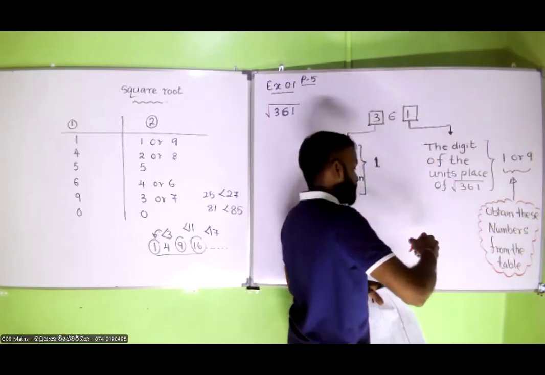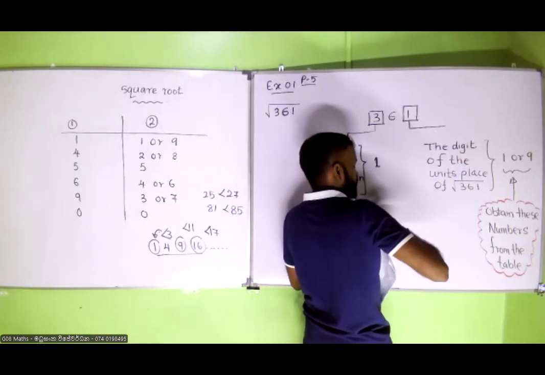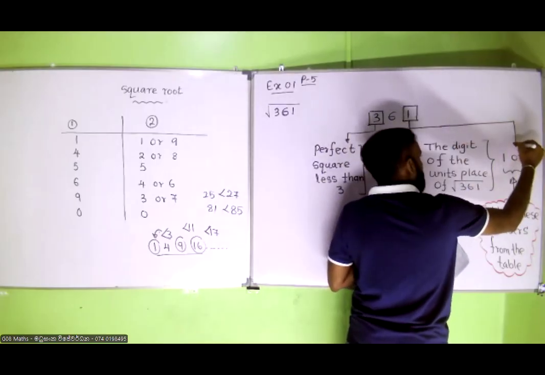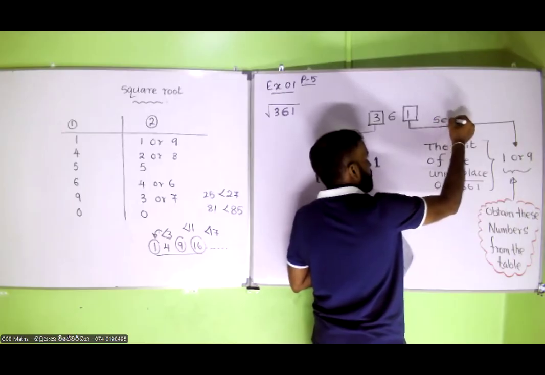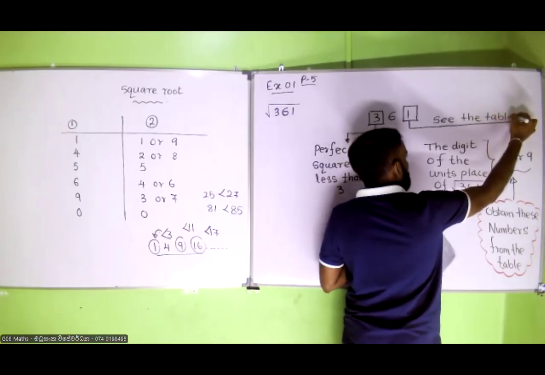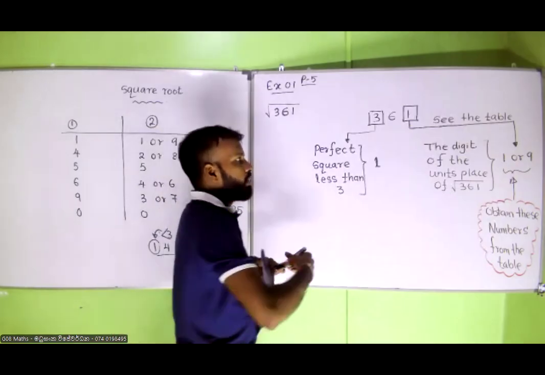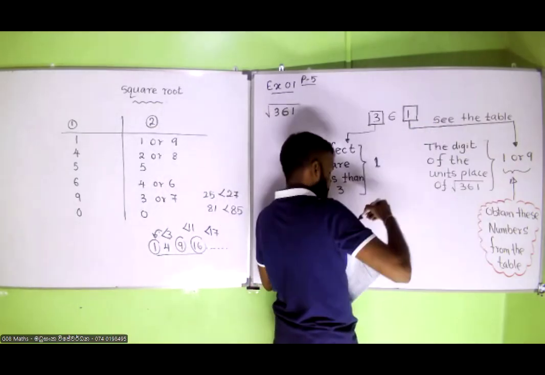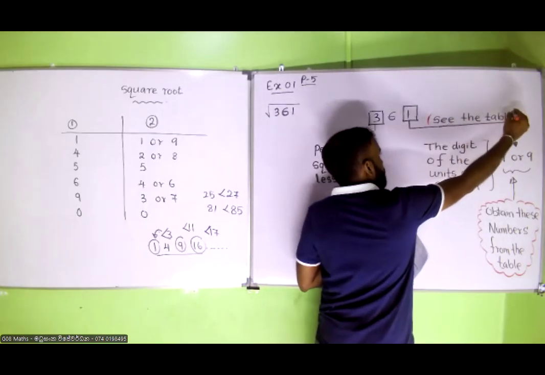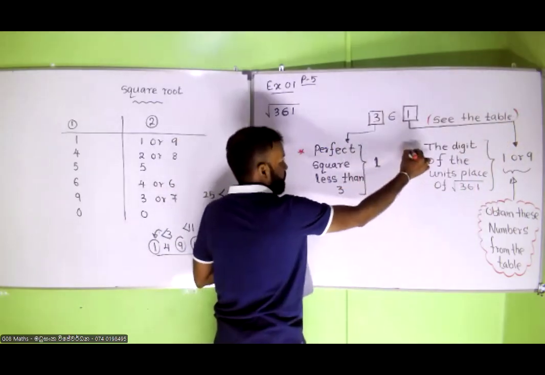How you are going to obtain this 1 or 9. Or you can put this arrow, like this. See the table. So no need to write these things. This is for your understanding only. You need to write this one, this one.